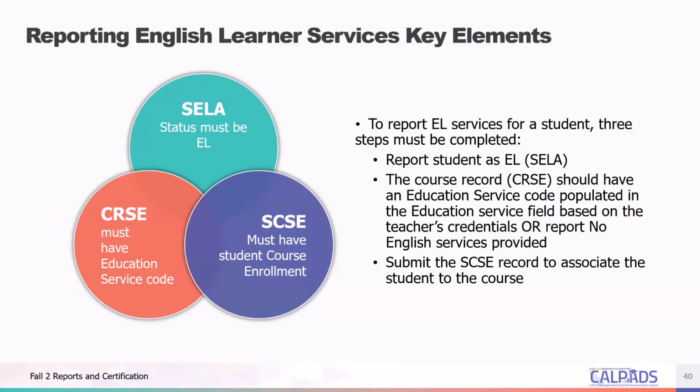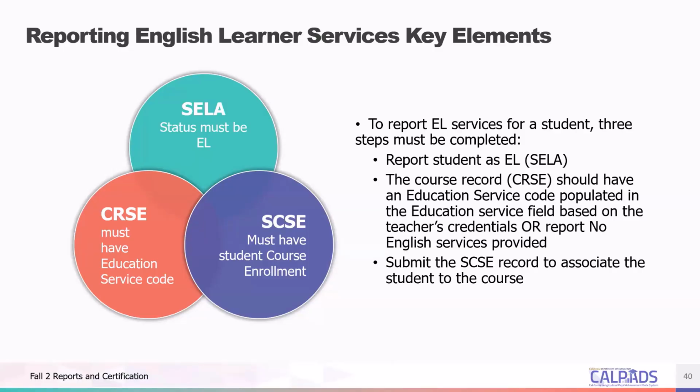Next, the course record must have an education service code showing the service being provided. The education service codes are 1 through 6, 5 being no service, 6 being other. So 1 through 4 or 6 is a service. So the student must be EL enrolled in a course section that has an education service code value of 1, 2, 3, 4, or 6, not 5.